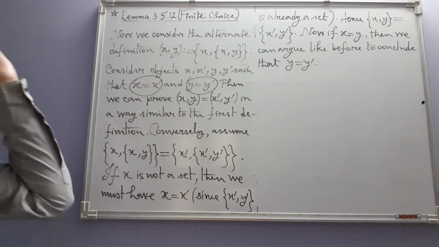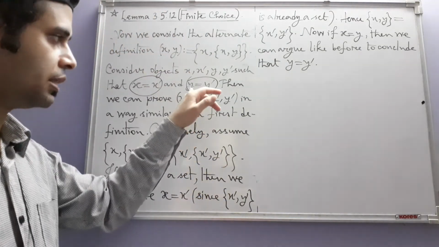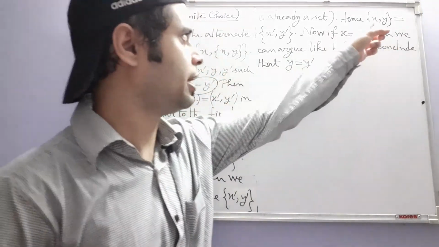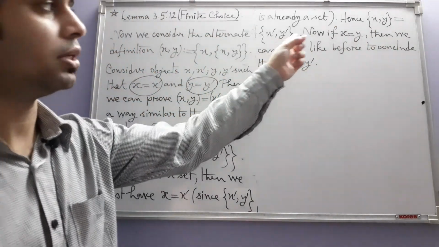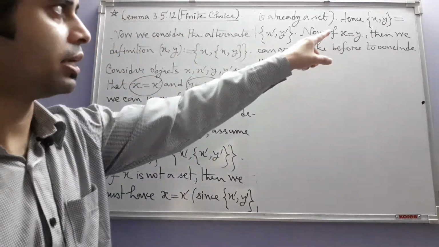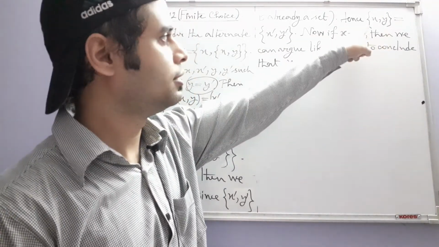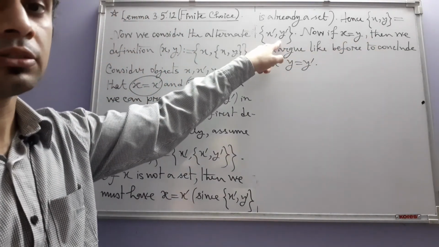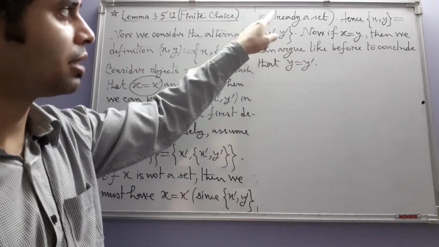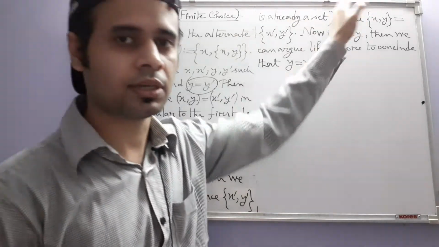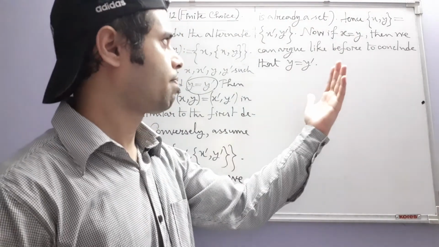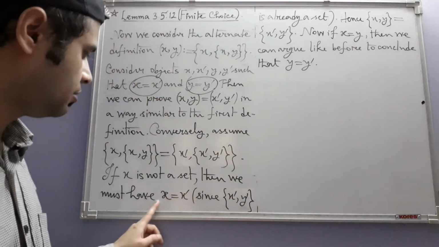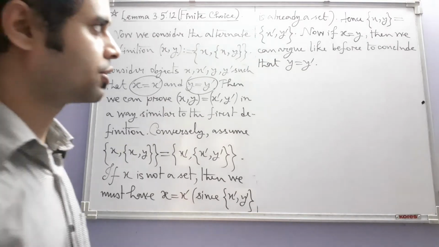You remember what we did with the first definition. There we had exactly the same equation, and x is equal to y. So if x is equal to y, then the left hand side becomes a singleton set. The right hand side also has to be a singleton set. So x prime has to be equal to y prime. Then from this equation you can conclude that y is equal to y prime, because x is already equal to x prime. So that same procedure.